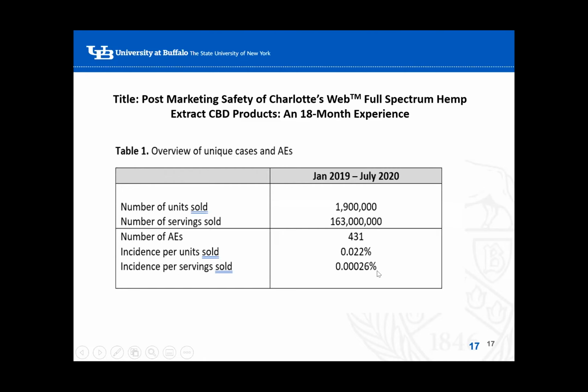So once again, you're always going to have those outliers. There are possibilities, but the side effect profile was very low. Adverse event reporting was very small, and you'll see more details in that publication. It breaks it down per organ system and goes through the whole policy on how they do that.